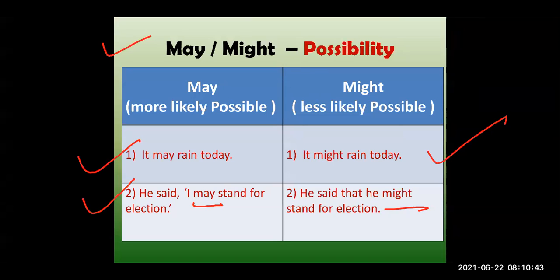So when we are using may in possibility, where there is more possibility, we use may, and when there is less possibility, we use might. Now might is the past form of may. So if we are talking in past tense, then use might.